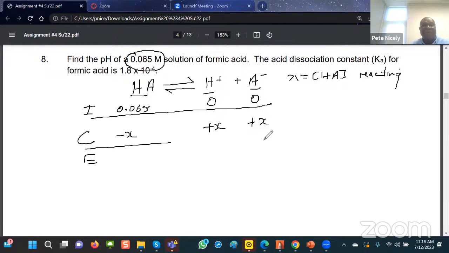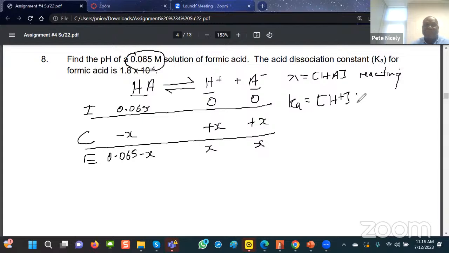So at equilibrium, the concentration of HA would be 0.065 minus x, while that of H plus and A minus would be x and x respectively. Now we can write down the Ka expression for the weak acid, which would be the concentration of H plus times the concentration of A minus divided by the concentration of HA.